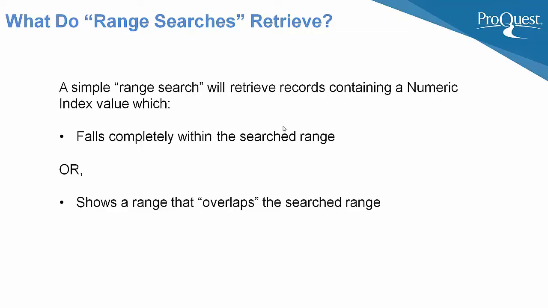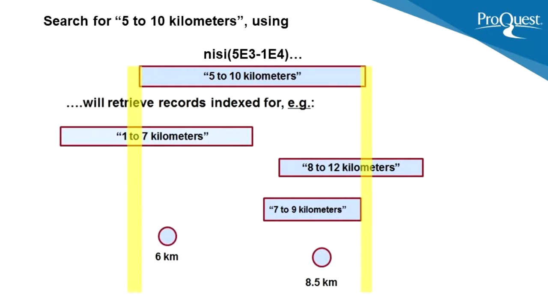So that brings us back to what we were talking about before, of how a simple range search will retrieve records of two types, both records that fall completely within the searched range, but you will also get records that may talk about a range that has an overlap with your searched range, falling partly inside of it and partly outside of it. Here's a way of visualizing that.